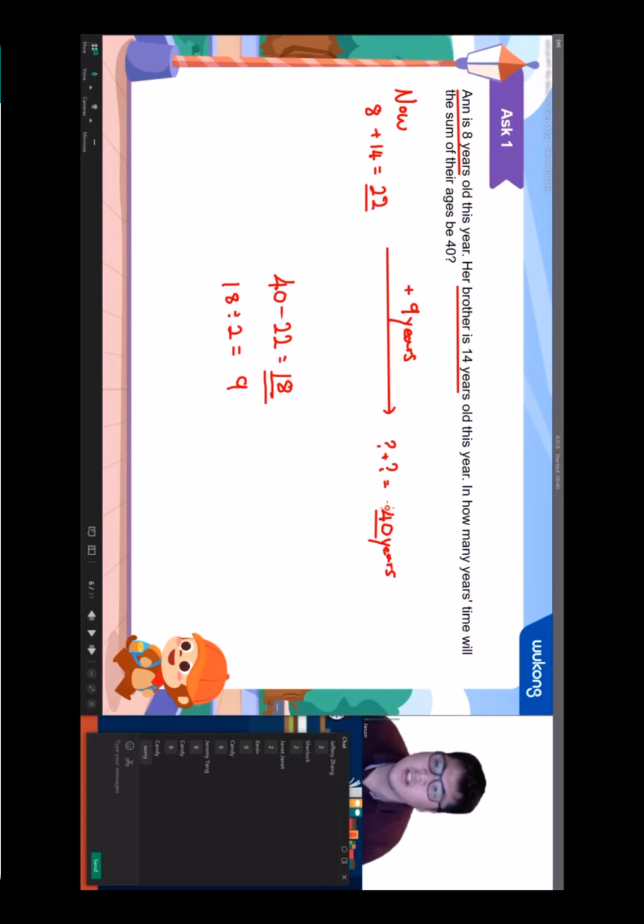Okay? So that's your answer. However, let's check our answer though. So if it's been 9 years, that means 8 plus 9 equals what, guys? 8 plus 9? 17. And now what? 14 plus 9?